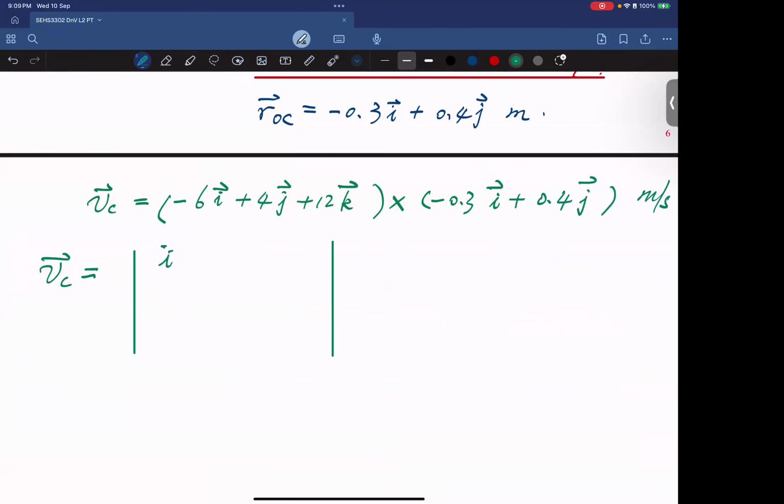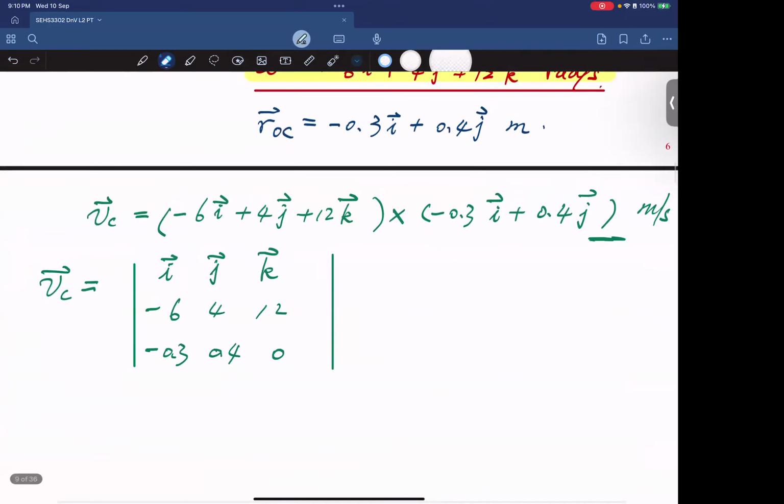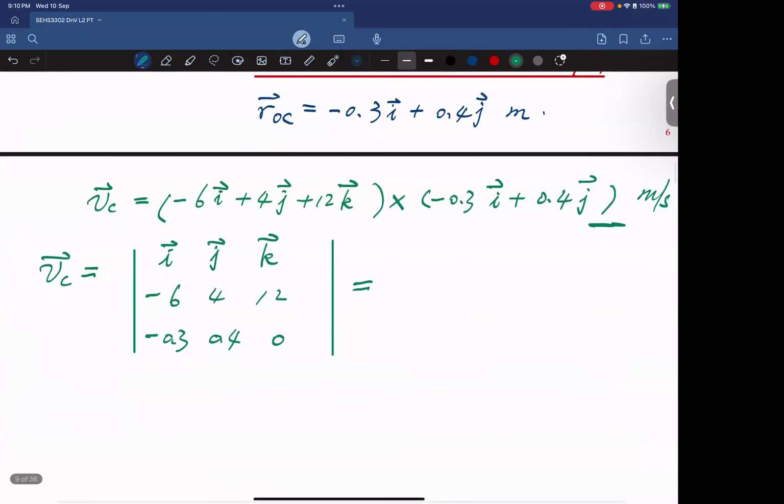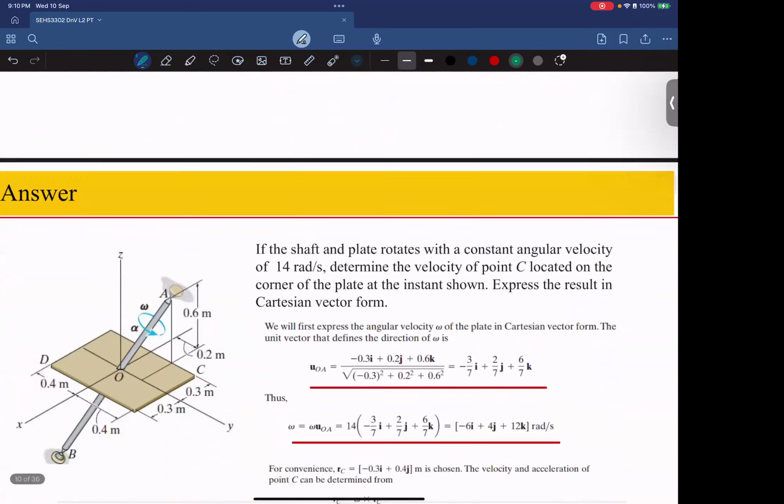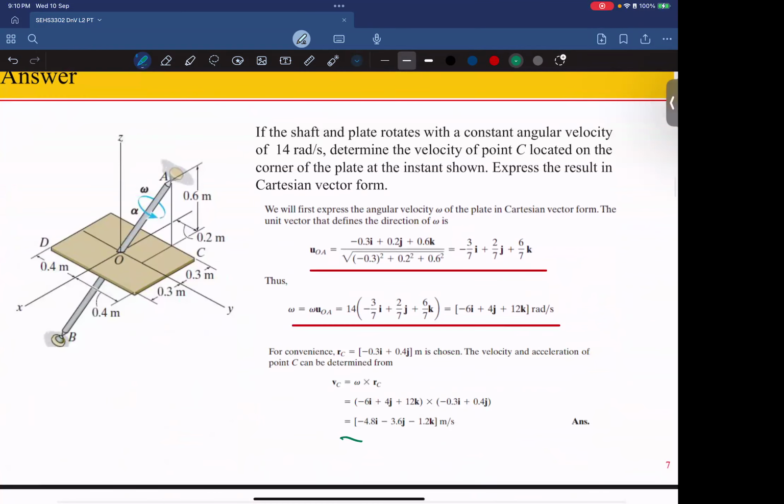So I, J, K, then negative 6, 4, 12, and negative 0.3, 0.4, and 0 for the K component because there is no K. We use 0 to represent it. Then we can calculate this and get the answer.